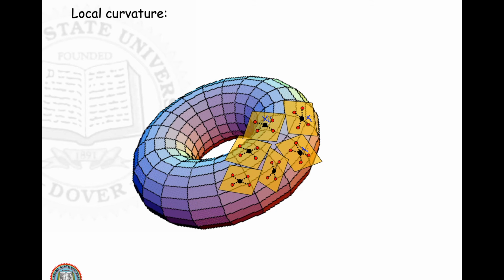If I do this linear approximation for every single data point, I'm going to have a lot of these facets that together, the set of weights for this patch, this patch, this patch, are going to define the local curvature for that region in the manifold.